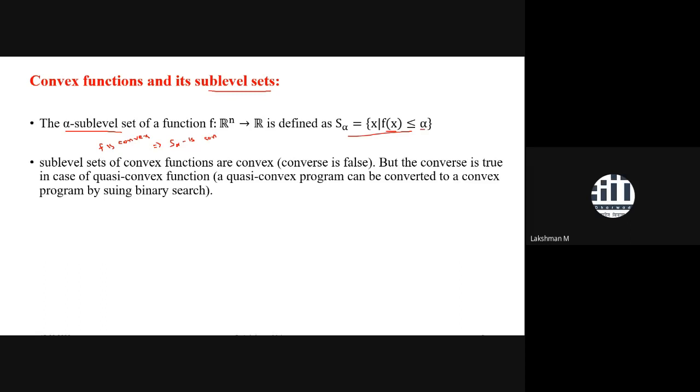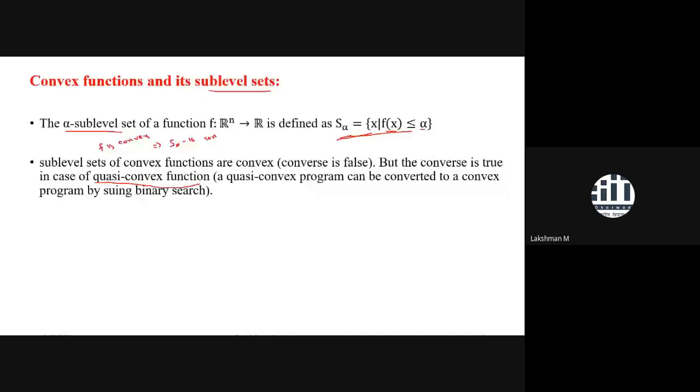So this result is not very helpful, but the sublevel test is very helpful for another kind of function that we call a quasi-convex function. For quasi-convex functions, the implication goes both ways. That means if a function is quasi-convex, the corresponding sublevel set is convex, and if the corresponding sublevel set is convex, the function is quasi-convex. So if the sublevel sets are convex, you can say your function is not necessarily convex but convex up to quasi nature.